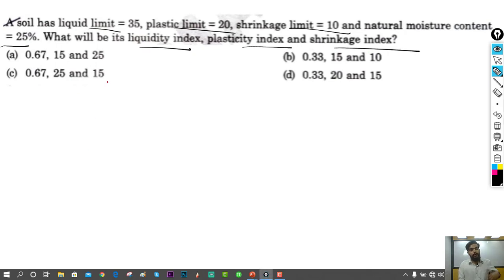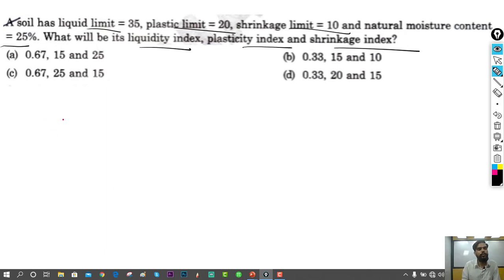Guys, whenever this type of question comes in the exam, you don't have to find all the values. You just have to find the first value or third value. Then after finding the first, second or third value, you just match these values to the options. So if the two or three values match with an option, then that option is the right option.